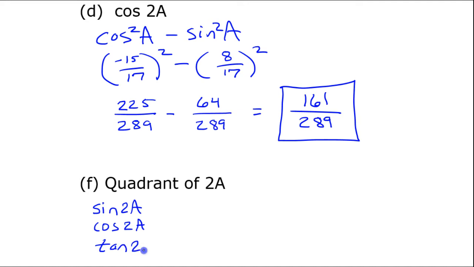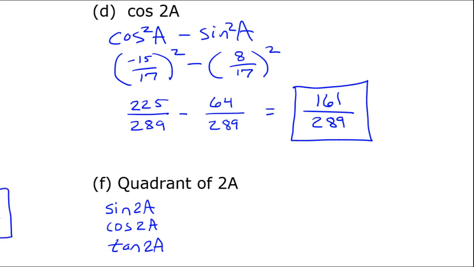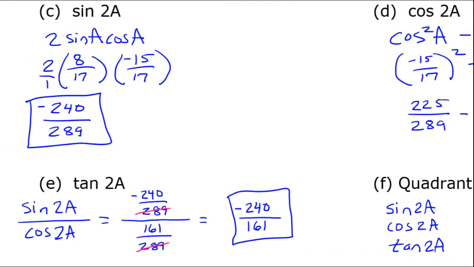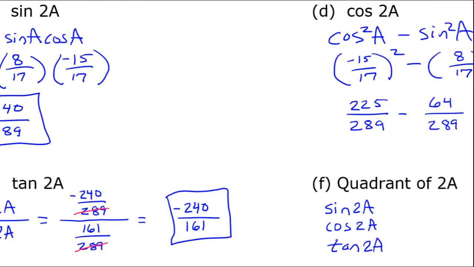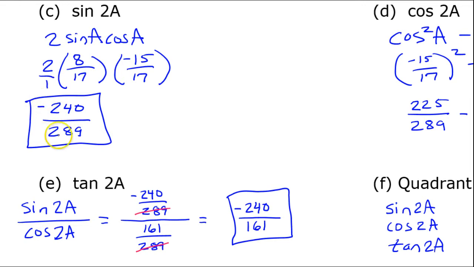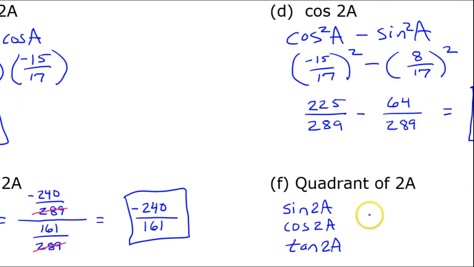We really only need two of these: sine and cosine. So let's look back. The sine of 2A was negative 240 over 289. All that matters, though, is that that is a negative number. Alright, so the sine of 2A was negative.